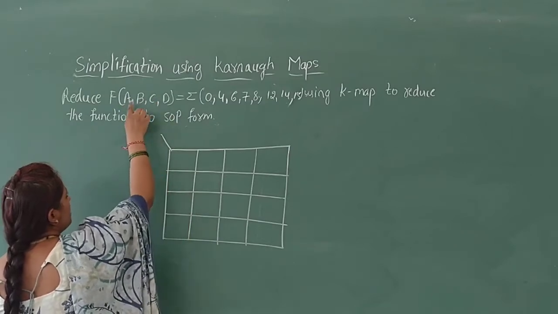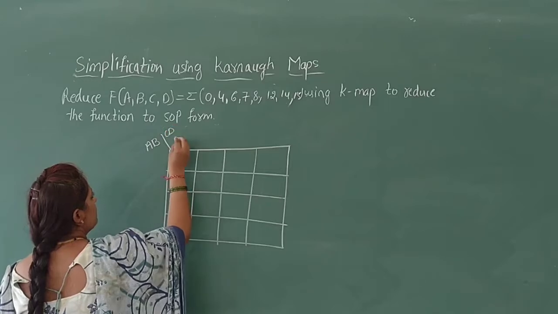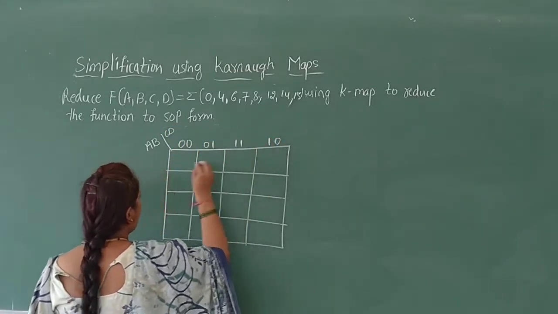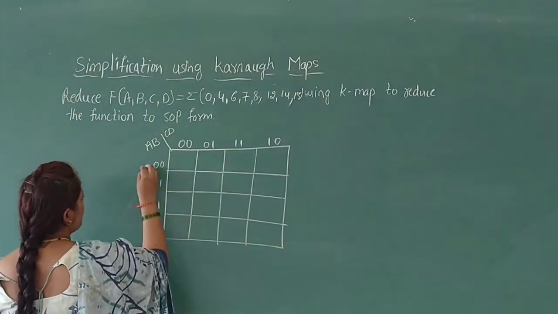And write down the variables A, B, C, D. And write the binary numbers 0, 0, 0, 1, 1, 1, 1, 0, 0, 0, 0, 1, 1, 1, 1, 0.